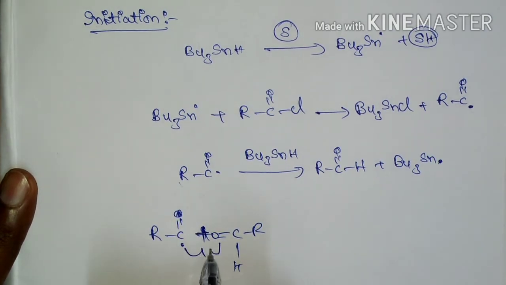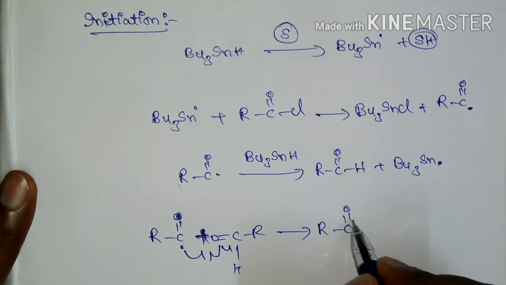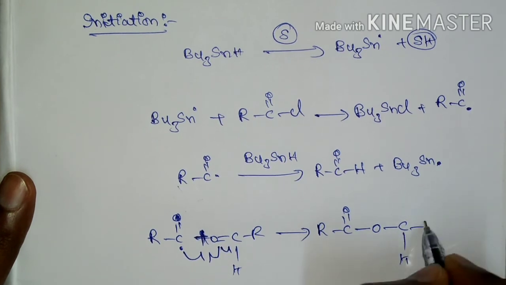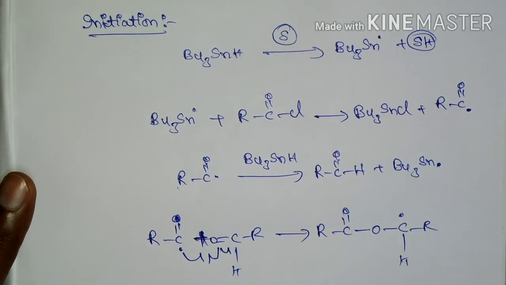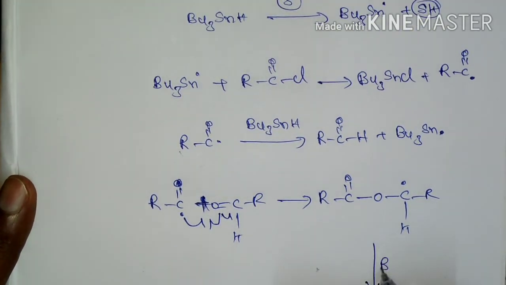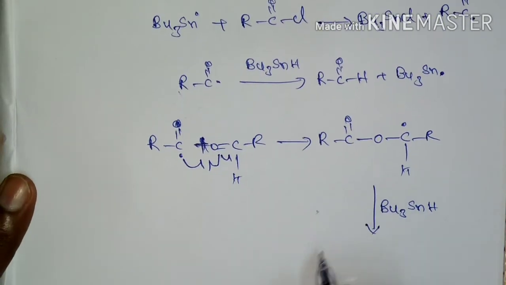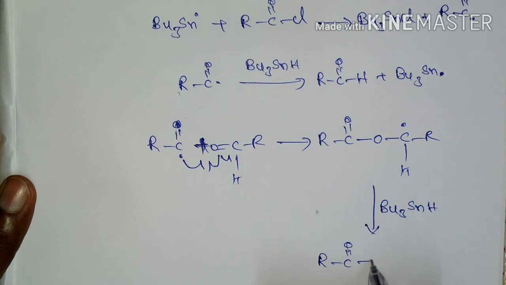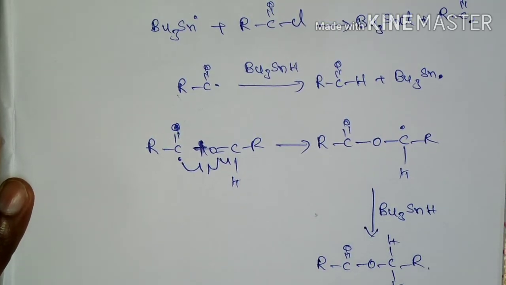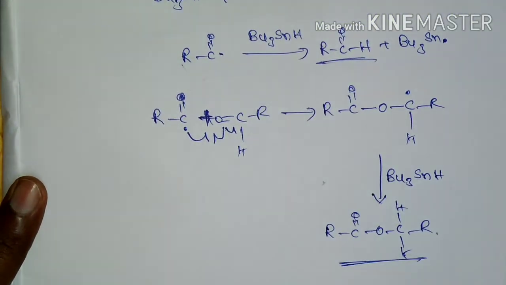So there will be a reaction between this acyl free radical and this aldehyde. Now this is going to react with tributyl tin hydride, and we are going to get R-COOCH(OH)R. So now you can see this is the ester and this is the aldehyde.